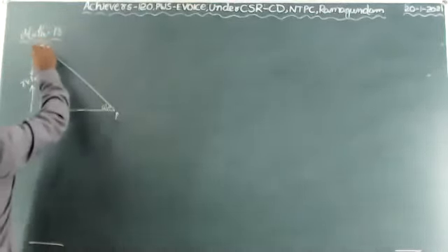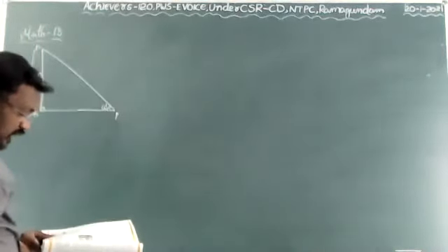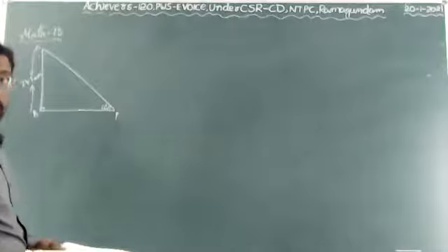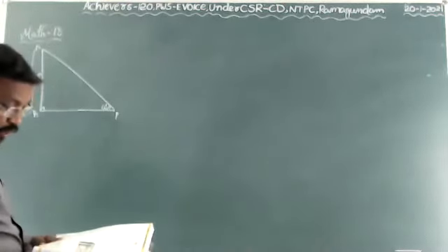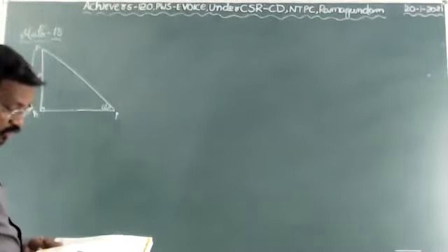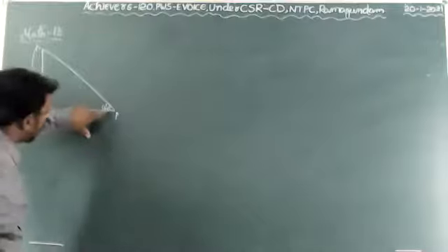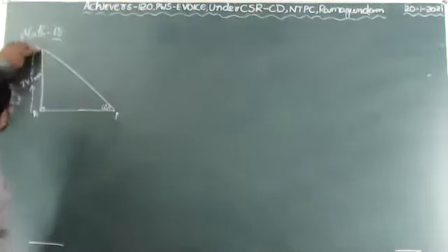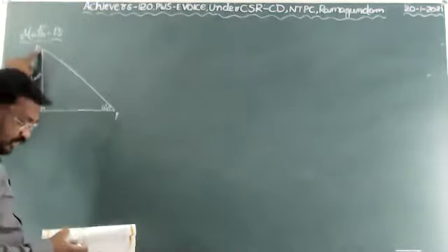Let us take that AB is a tower. From a point on the other side, directly opposite to the tower, the angle of elevation of the top of the tower is 60 degrees.